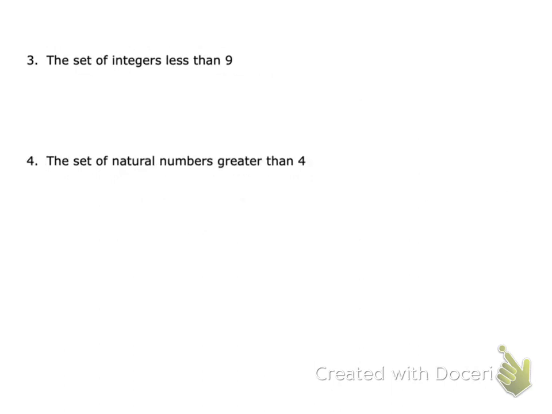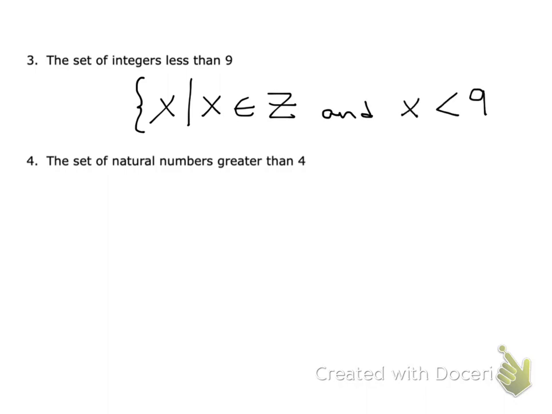All right, let's look at number 3. The set of integers less than 9. So we have our braces. All elements x such that x is an element of the integers and x is less than 9.